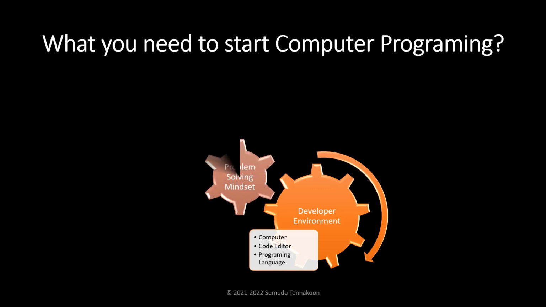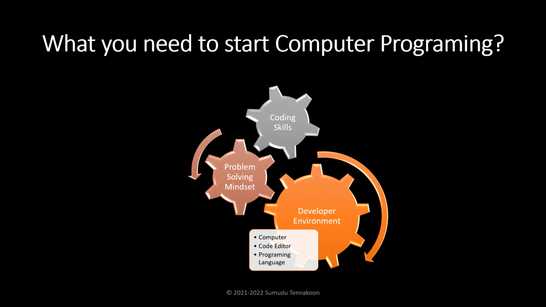When you have that, you need to develop a problem-solving mindset. Then you need to learn some coding skills using a programming language. That will make you start learning a computer programming language and apply it in your work, your study, and your research, whatever you want to use it for.